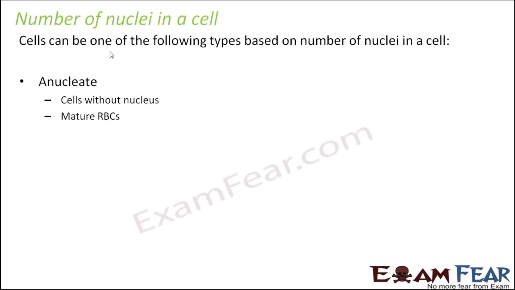So first is anucleate, that is the cells without nucleus. Now you might wonder, how is it possible that cells can survive without a nucleus? Now, do you think that the nucleus does everything inside the cell? Nucleus is involved in reproduction. So if a cell doesn't have a nucleus, it will not be able to reproduce.